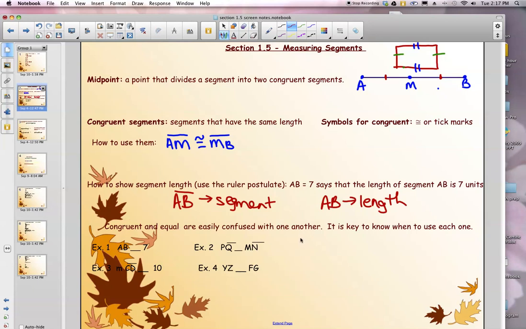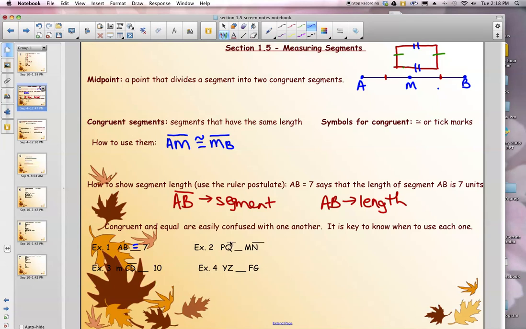Through this first section, we're going to talk a lot about when to use congruent and when to use equals. But here are 4 quick examples that you can look at. Notice it says AB and there's no segment symbol over the top, and 7 is on the other side. So when we talk about AB equaling a number, then equals is what we use.